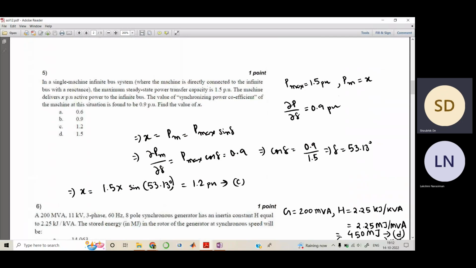So this becomes the maximum power which the synchronous machine can deliver, which is 1.5 per unit. The machine delivers X per unit active power to the infinite bus. Now the value of the synchronizing power coefficient of the machine in this situation is found to be 0.9 per unit. So what is the value of X, the active power being delivered?